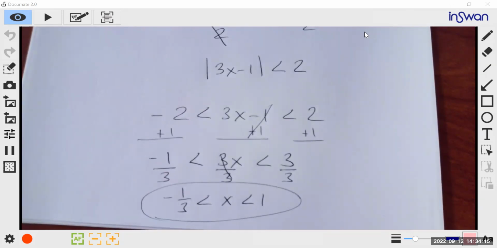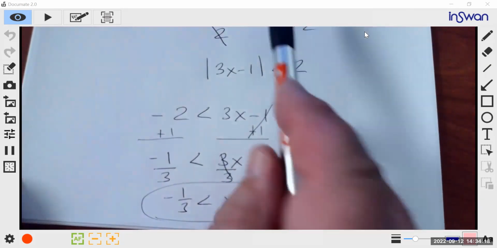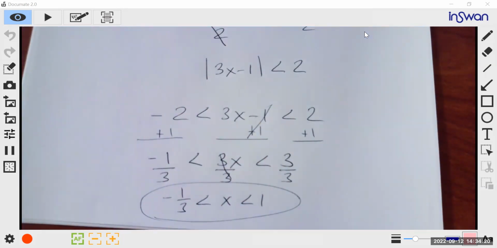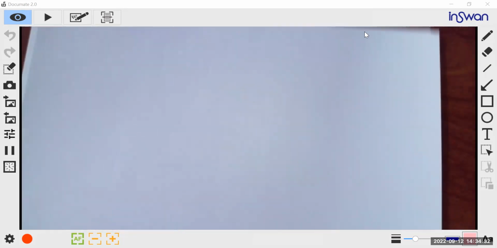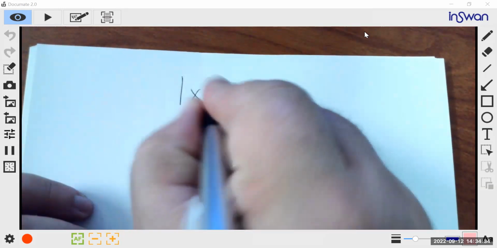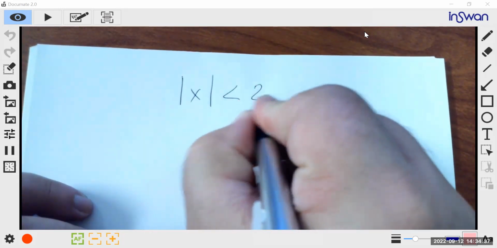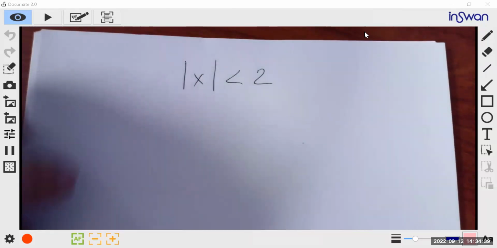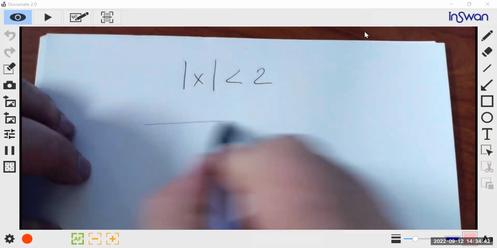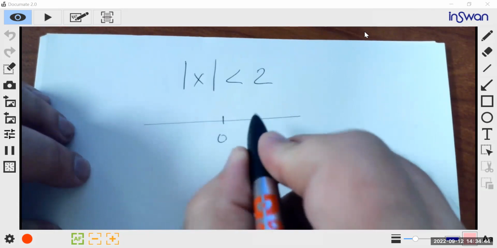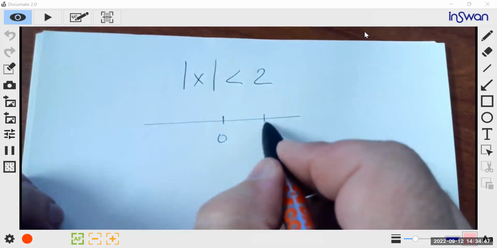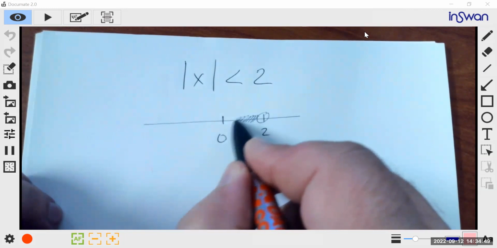Again, just remember, if your original inequality has a less than symbol, then you know you have to take the answer and put it as a positive and negative, on both sides. Everybody see why that's so? If I said the absolute value of x is less than 2, that means I can go from 0 to 2.